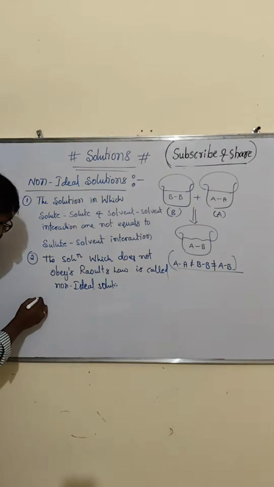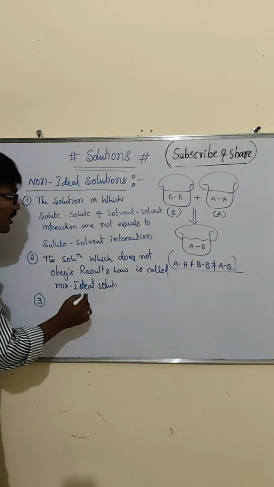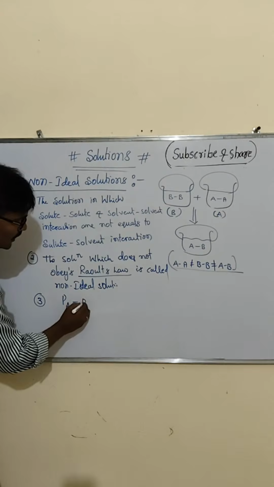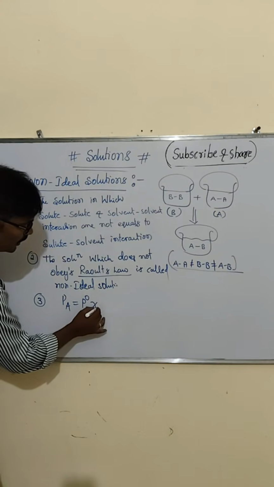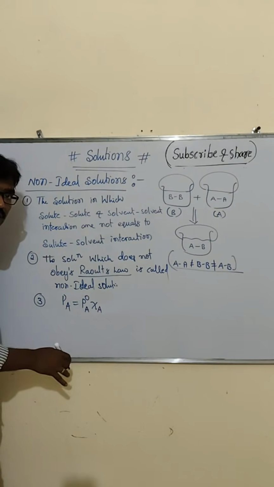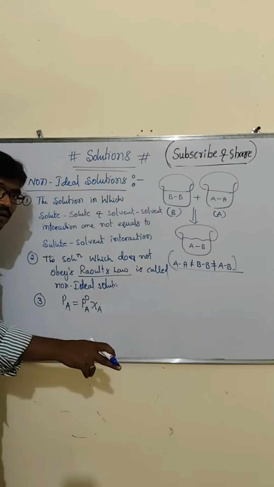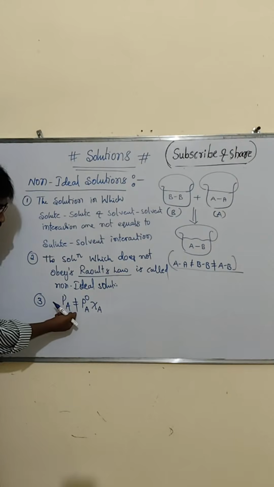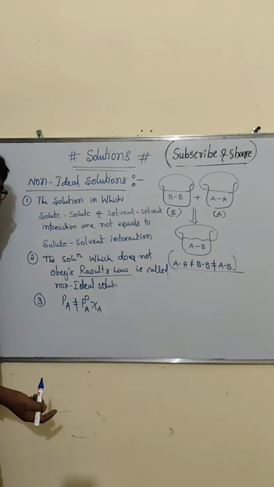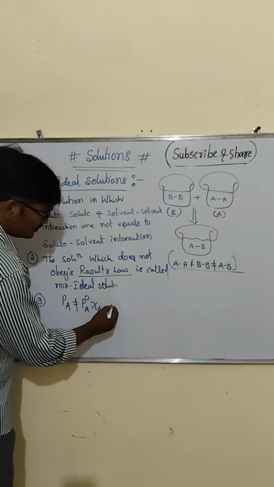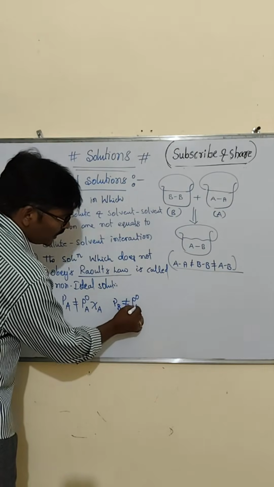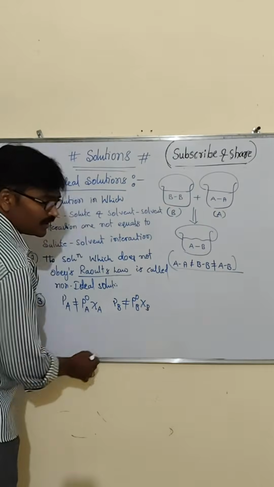Then one more, mathematically Raoult's law, nothing but what I told. Sir, Pa equals P naught A into mole fraction of A. That is Raoult's law. The solution which does not follow Raoult's law, nothing but that they are not equal. Pa is not equal to P naught A into mole fraction of A. Then Pb is not equal to P naught B into mole fraction of B, right?